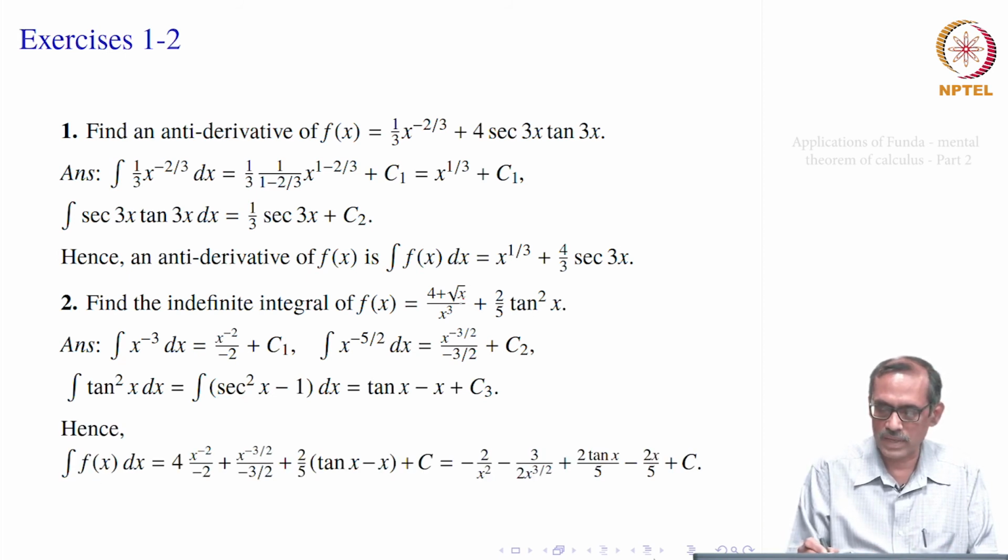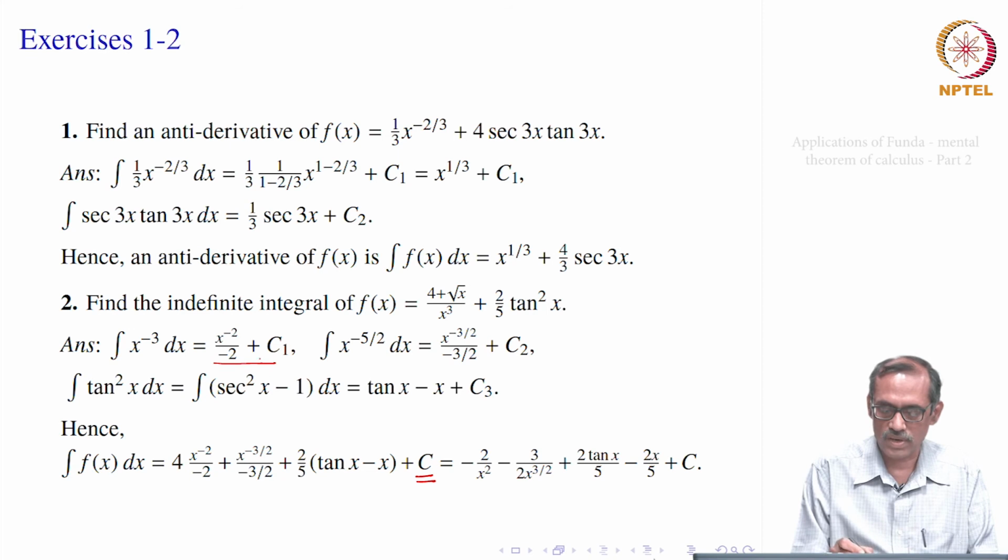So the integral of f(x) is 4 times the first integral, plus the second integral, plus 2 by 5 times the third integral. So it is 4 times this, plus 4 times C1, plus some constant times C2, some constant times C3. They are all accommodated in one constant, plus C.